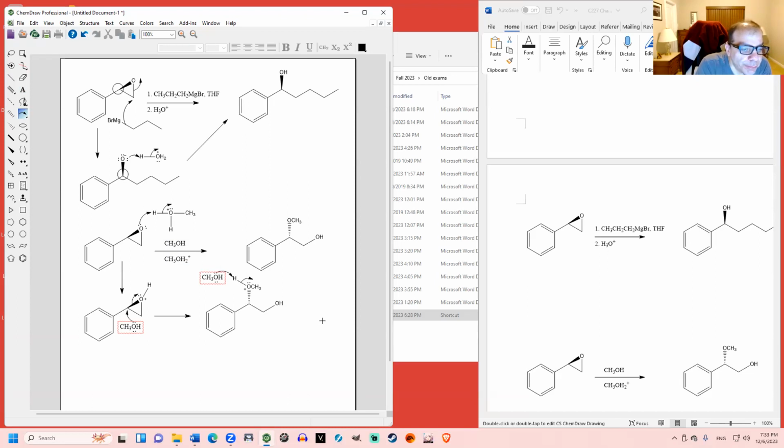So we use the methanol to pull the proton off of that oxygen and get rid of the plus charge. And then we get the product.